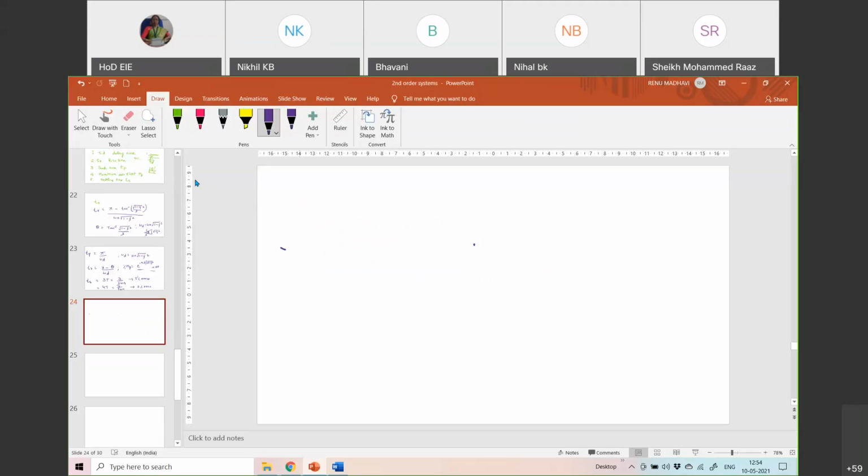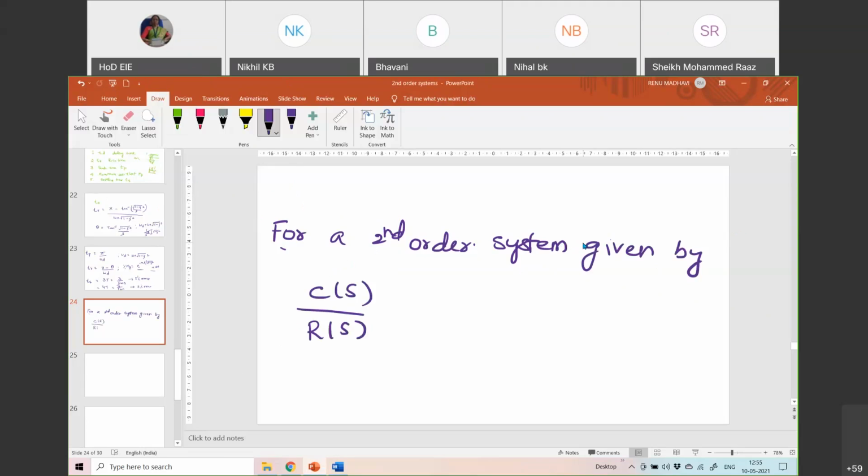Those who have done can make a note of it and start doing it. For a second order system, the transfer function is given by C(s)/R(s) = 25/(s² + 6s + 25).